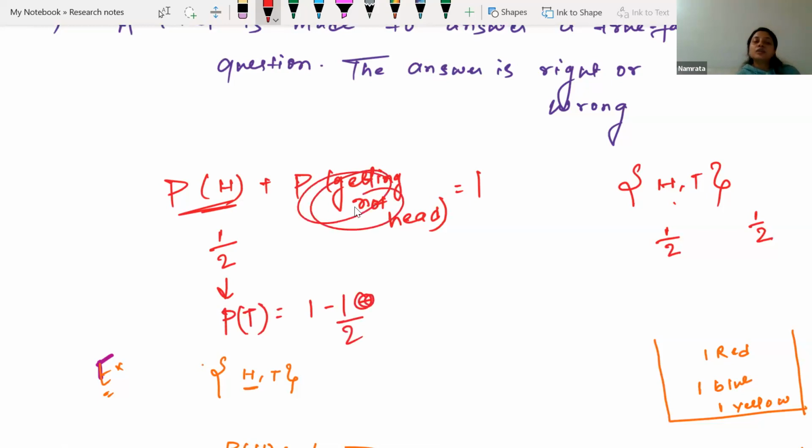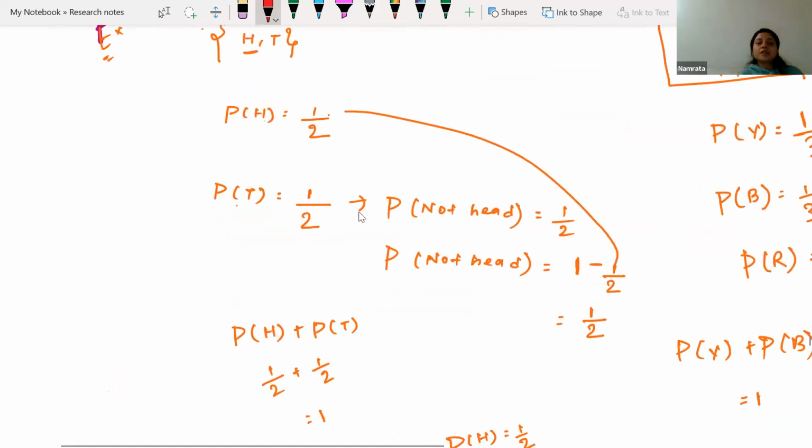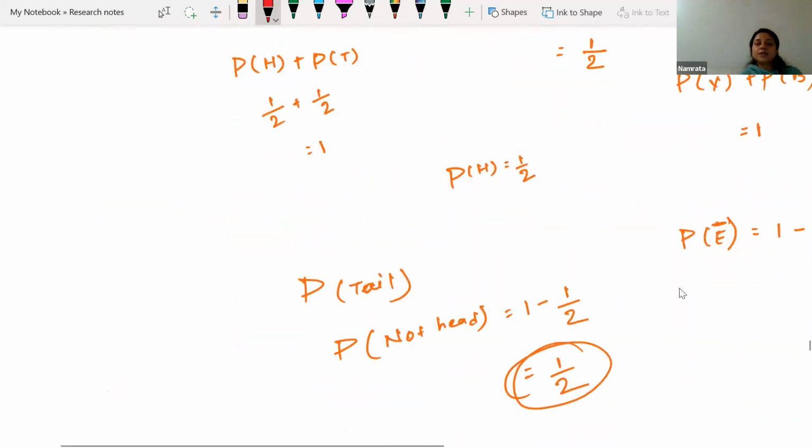Even if you don't know what tail is, you can find it with the help of the probability of getting head, because we say the total is 1, and if we subtract head from 1, we are left with the probability of getting tail. So these were a few concepts.